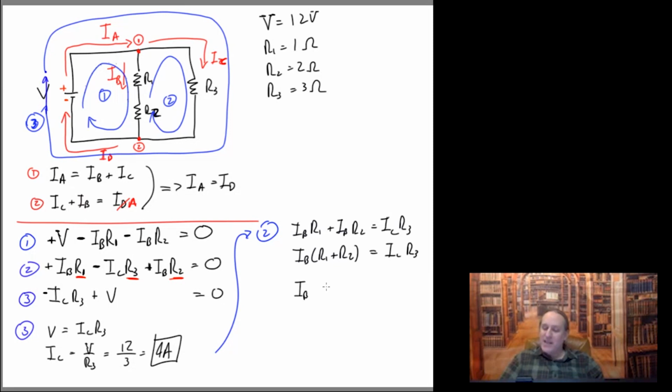And so IB is going to be equal to IC R3 over R1 plus R2, and that is 4 times 3 over 1 plus 2. That winds up being also 4 amps.